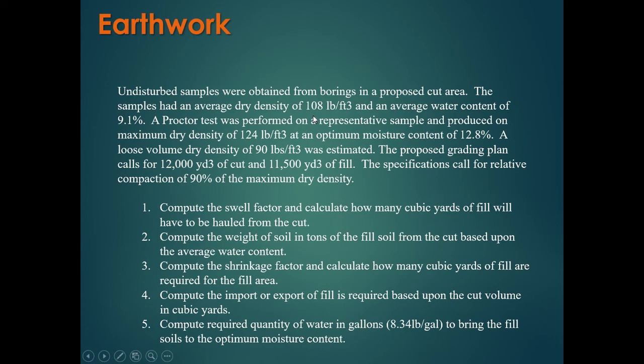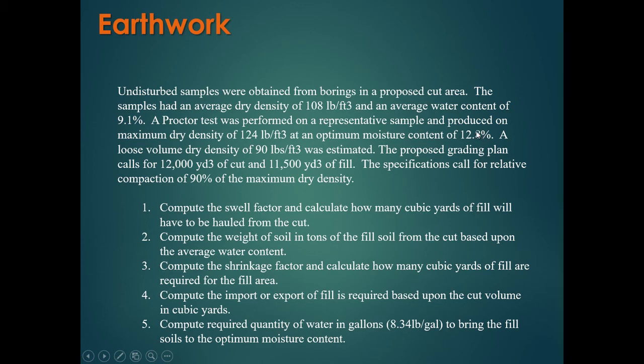Undisturbed samples were obtained from boring logs in a proposed cut area. The samples had an average dry density of 108 pounds per cubic foot and an average water content of 9.1%. A Proctor test was performed on a representative sample and produced a maximum dry density of 124 pounds per cubic foot and an optimum moisture content of 12.8%.